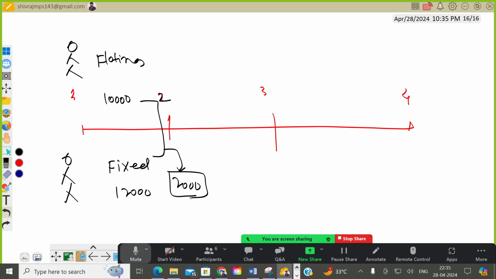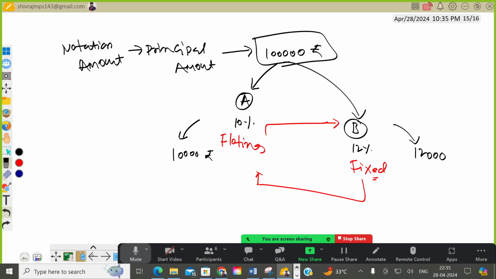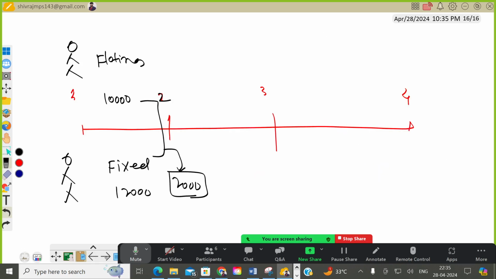So let's say the person who is paying floating was paying 10%. Fixed was paying 12%. But after the exchange of cash flows, this person was expecting this amount. Right?